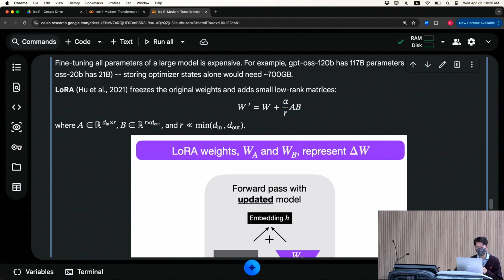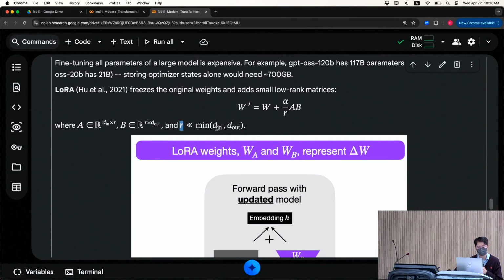So why is it low-rank? Matrix A is of size D in times R. R stands for the rank. B is of size R times D out. So the size of W is D in by D out, which is very, very large. But this R number is very, very small.